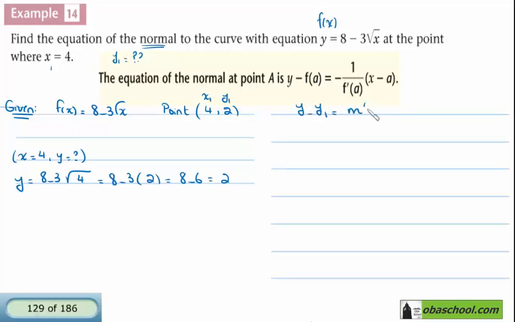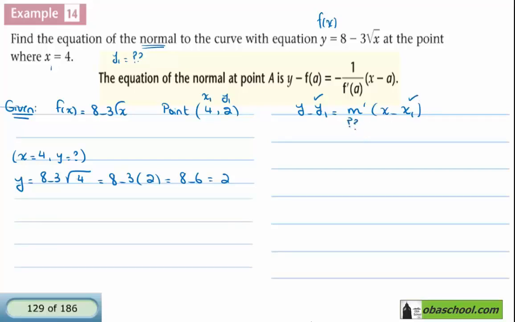So we can substitute in the equation y minus y1 equal m prime multiplied by x minus x1. M prime is not given, but we know that m prime equal to minus 1 over f prime of a. So we need to find f prime of a. So we can find the gradient of the normal line.